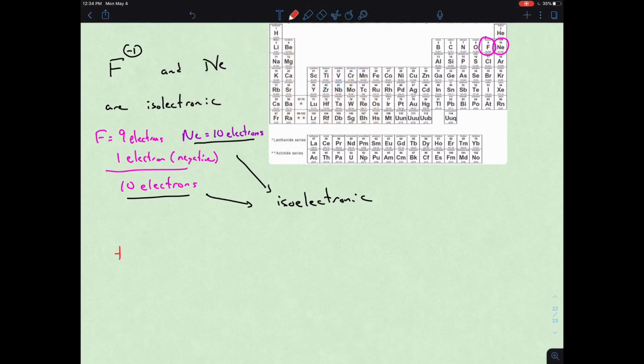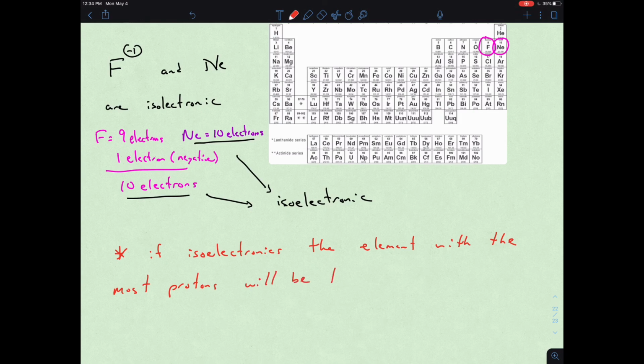So for isoelectronics, the element with the most protons will be the smallest. And counter to that, the one with the fewest will be the largest.